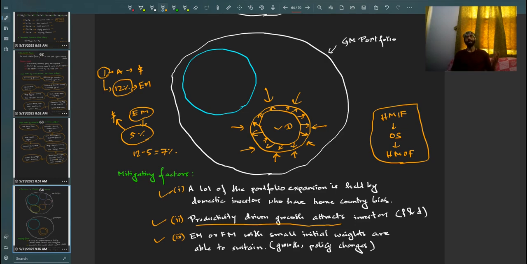On the other hand, if an emerging market based investor is looking to invest, an emerging market has a lot of scope for growth. The first scope of growth is policy changes. Let's say there were capital constraints; they can free up the capital flows. Then let's say there were constraints from nationalization of companies.